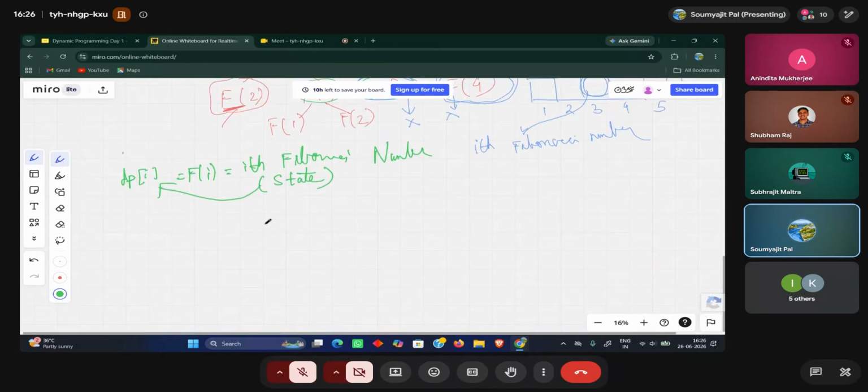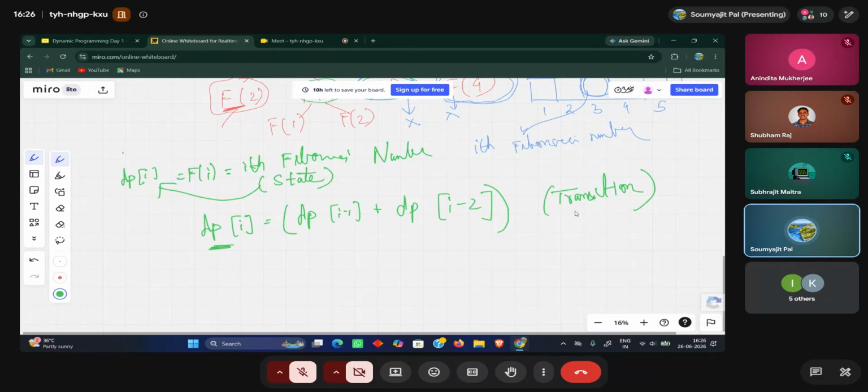So I can write that DP of i, my bigger subproblem, can be computed by DP of i minus 1 plus DP of i minus 2, the sum of these two states. This relation is called the transition of DP states.